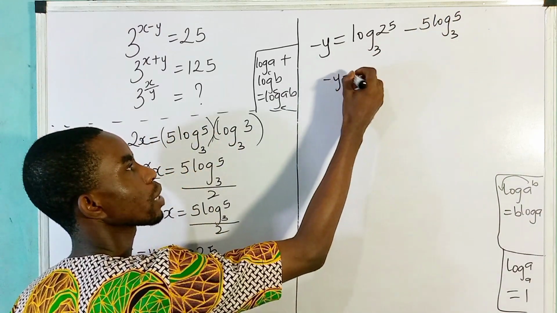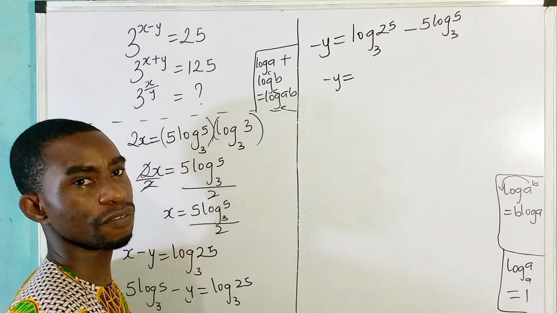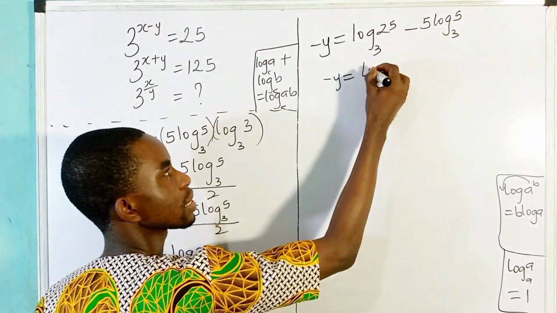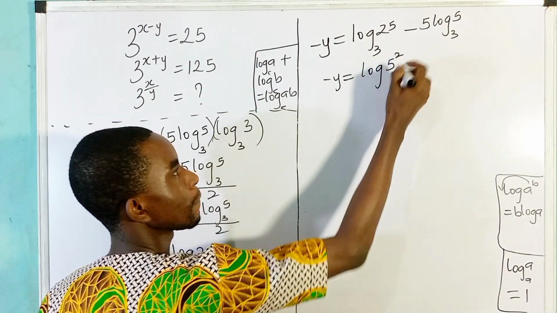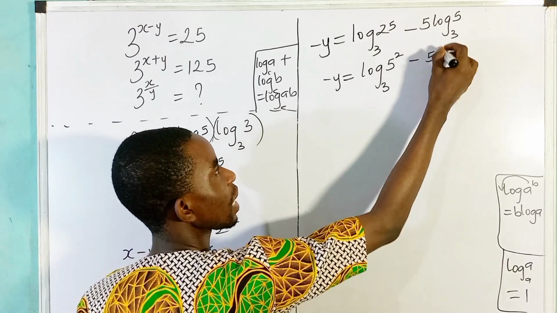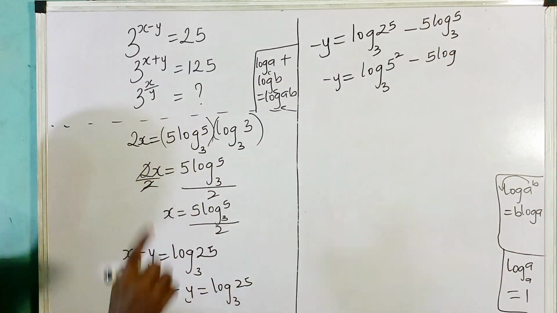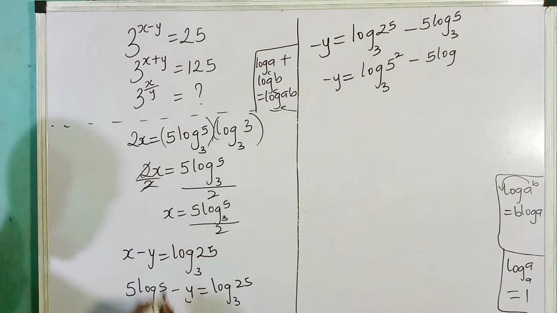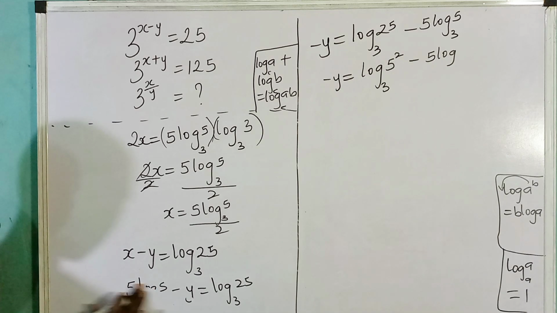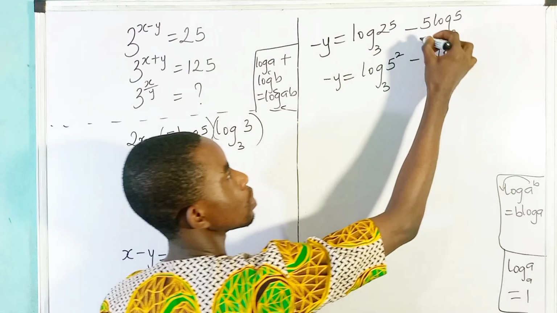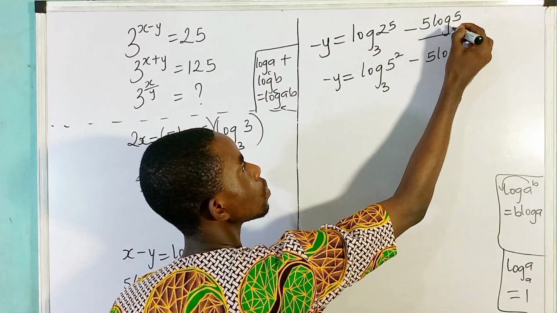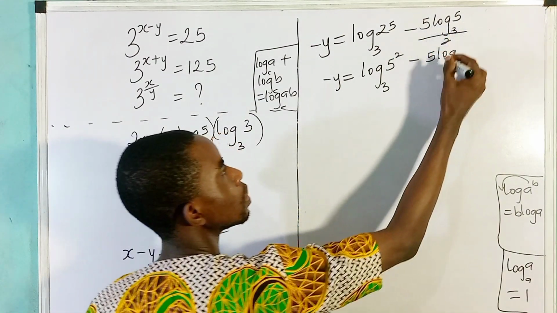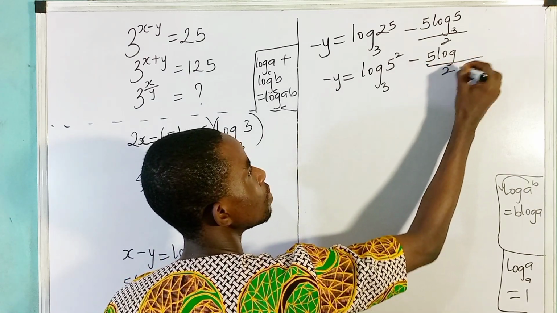So this is minus y equals, 25 is 5 to the power of 2, so I can write this as log 5 squared base 3 minus 5 log 5 base 3 divided by 2.